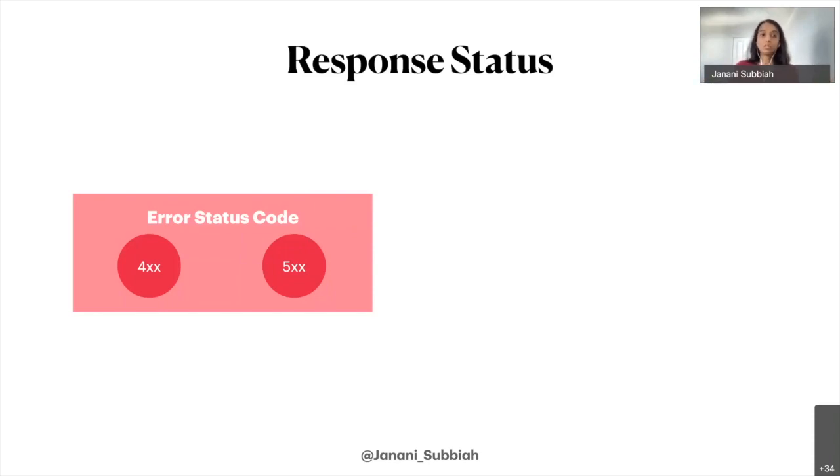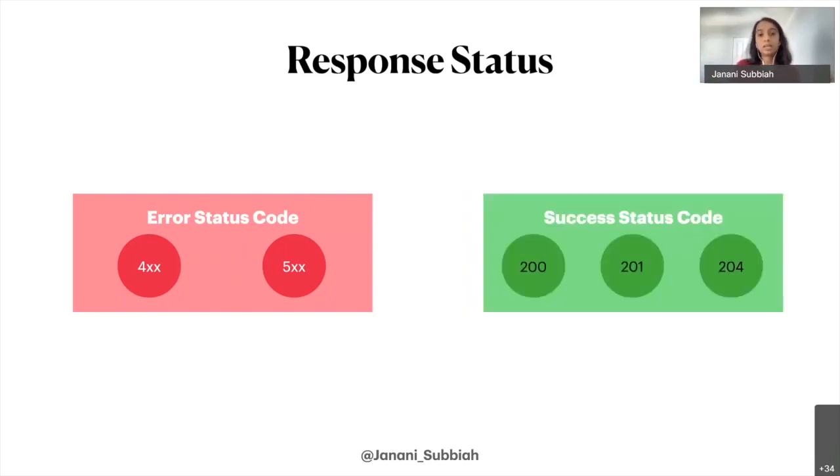The success status codes on the other side, I guess the most popular ones are the 200s, which means literally okay. It is usually used with GET requests, where we're indicating to the client that everything went well, and here is the response for your request. A 201 is usually used for creating requests or for the POST HTTP verb.